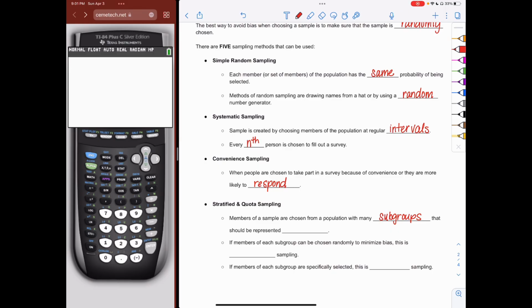Anytime you have a population with subgroups, you want the information or the data for that subgroup to be represented fairly. And we should know that if members of each subgroup can be chosen randomly to minimize bias, this is what we call stratified sampling.